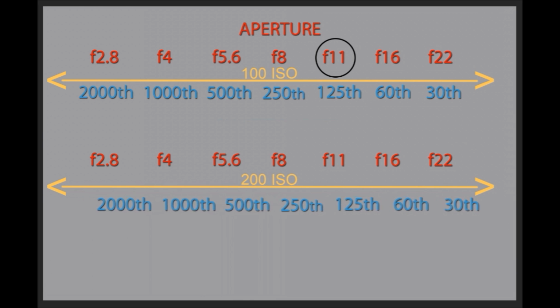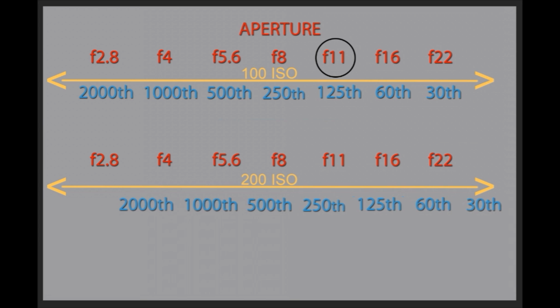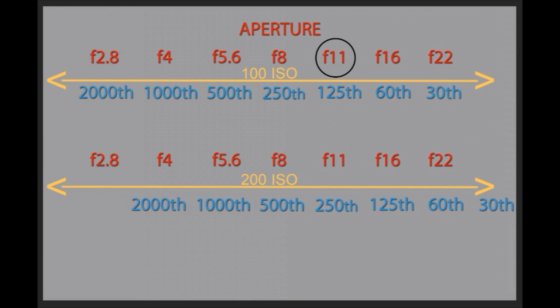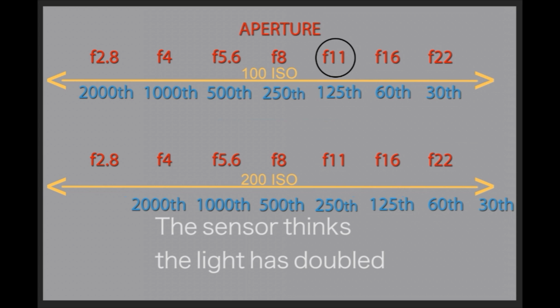The camera will automatically go to there. The difference between 100 ISO and 200 ISO is one stop. The light has doubled. Because the light has doubled, we've gone from 125th of a second to a 250th of a second.